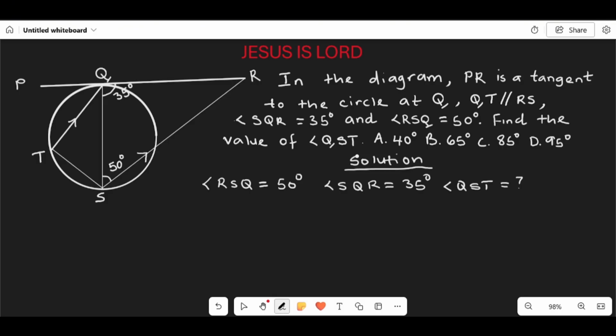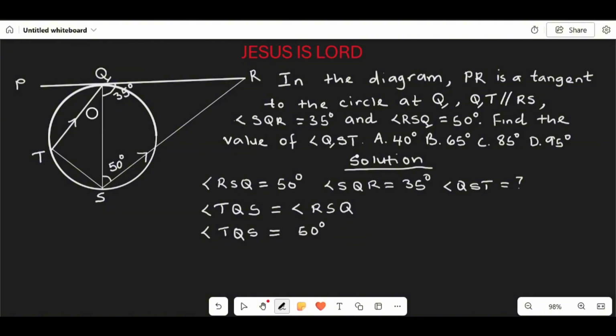So we can say angle TQX is equal to angle RXQ. So angle TQX is equal to 50 degrees because our angle RXQ is 50 degrees.